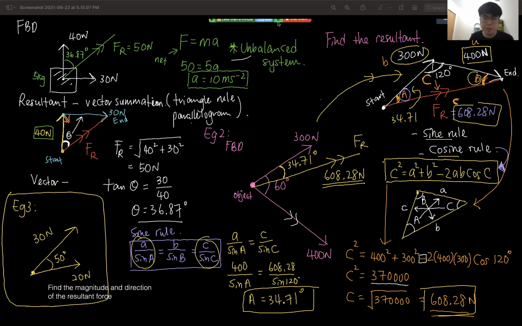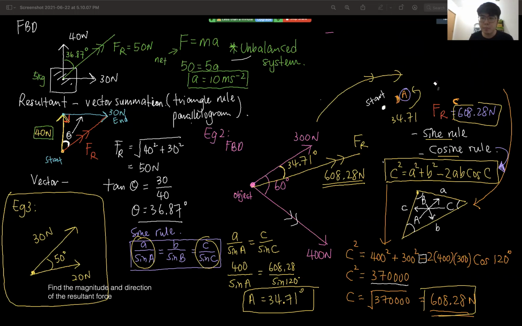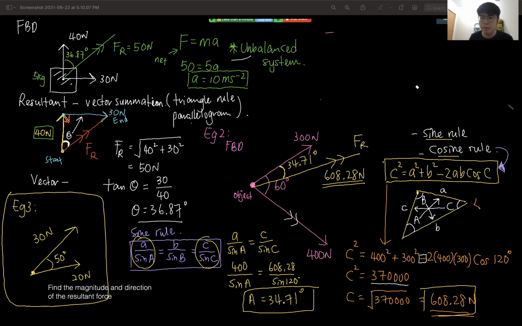Okay, now you see, how do we draw the vector diagram for this one? Erase this first. Okay, so this is 30, then 20, separated by 50. Okay, start from here. I draw the 30 first, 30 Newton.